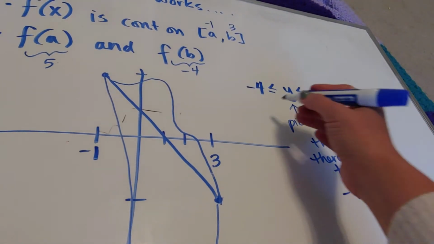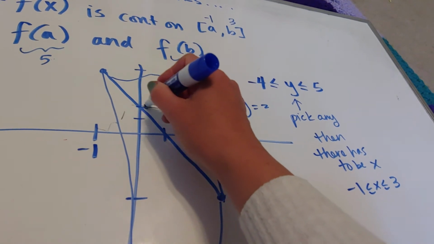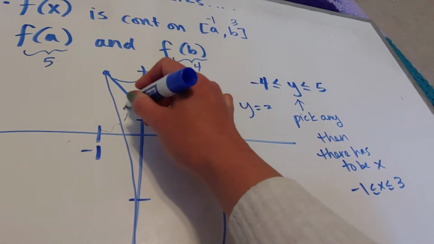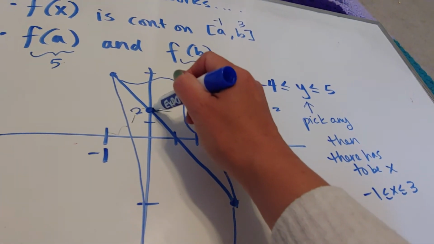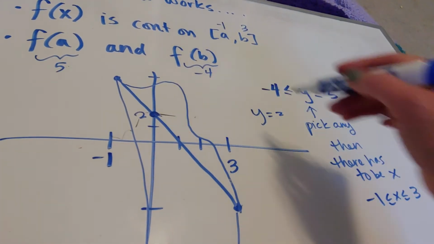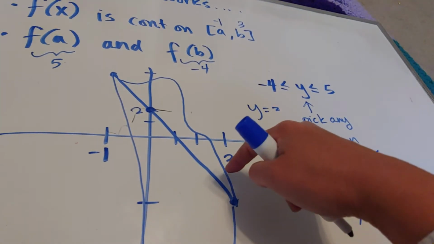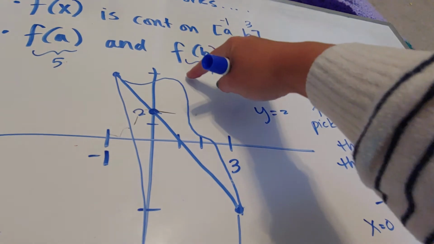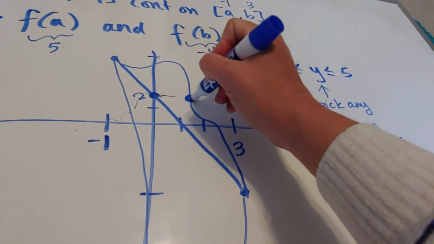So if I were to pick, for example, the y value of 2, and let's just say for simplicity's sake that that's the y value of 2 right there. On this picture, we can see that it's happening at an x value of 0 for this line example. If I'm looking at this crazy upper wiggle, it looks like 2's happening right about there.